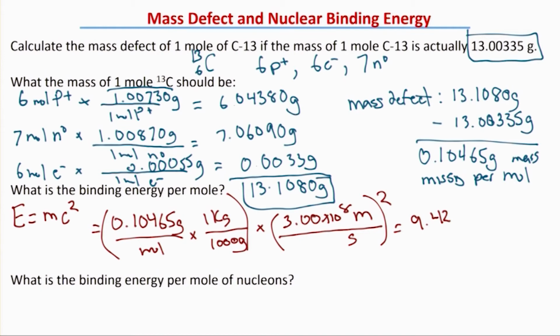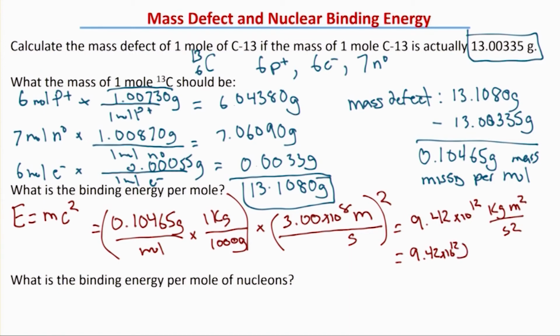Times 10 to the 12th, I think. And this is kilograms meter squared per second squared, which is the same thing as a joule. All right, so it's 9.42 times 10 to the 12th joules.